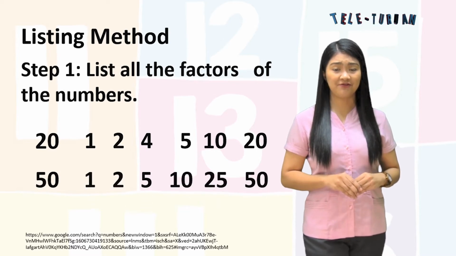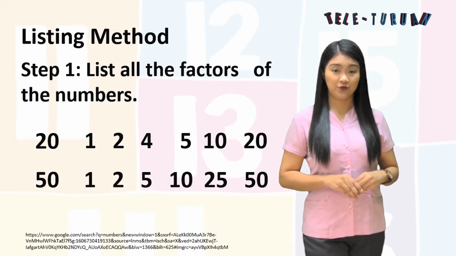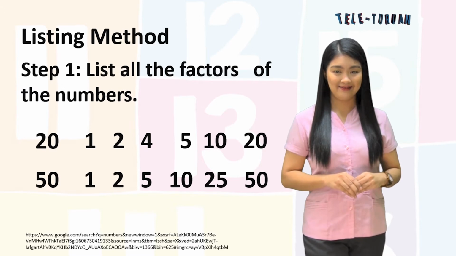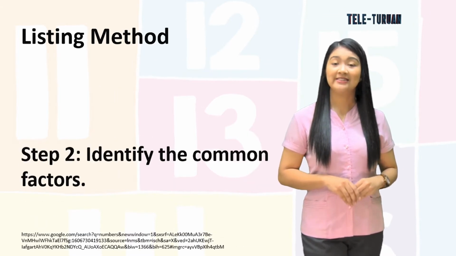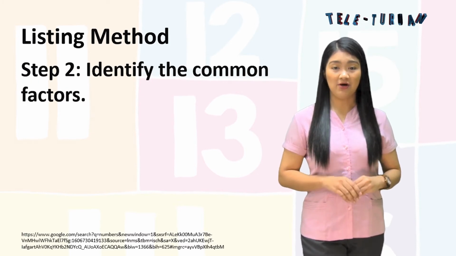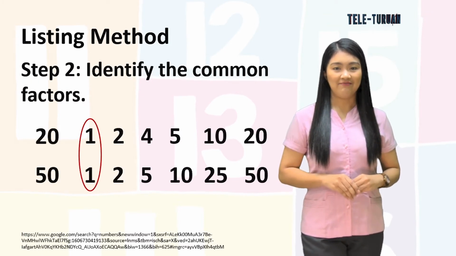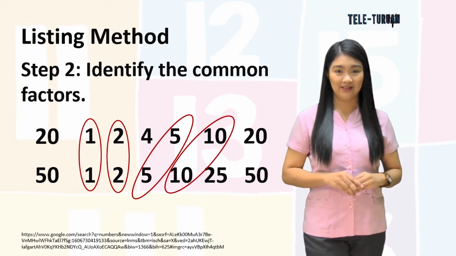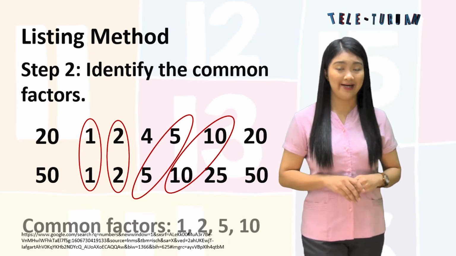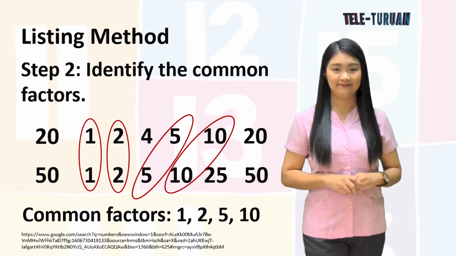The factors of 50 are 1, 2, 5, 10, 25, and 50. Step 2. Identify the common factors. We have 1, 2, 5, and 10. So the common factors are 1, 2, 5, and 10.